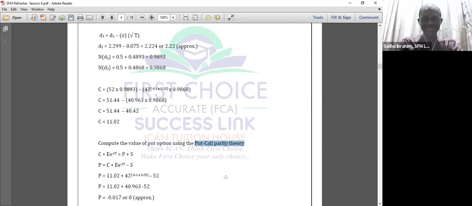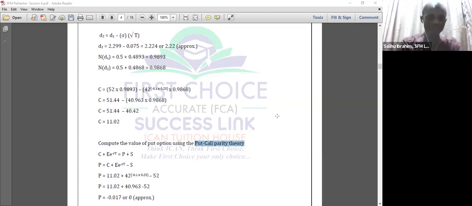The put call parity is a formula that establishes the theoretical relationship between a call option price and a put option price. It looks at the relationship between them. That's why it is called put call parity, PCP.